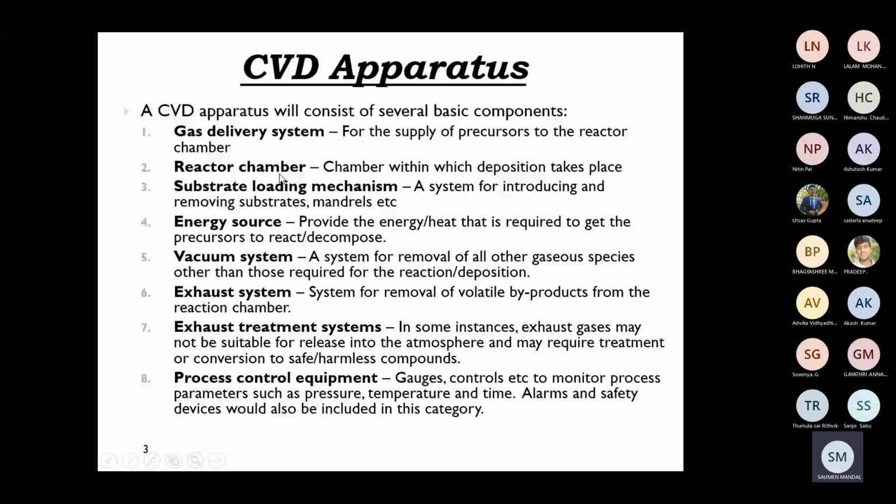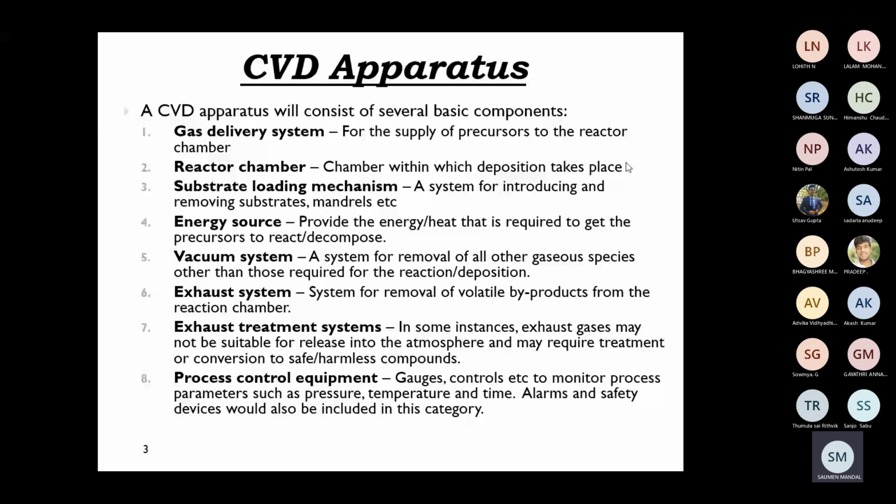In most cases it will be a furnace, or sometimes a chamber, but a substrate heating arrangement will be there. The entire chamber need not be raised in temperature, only the place where the substrate is. That possibility is also there.